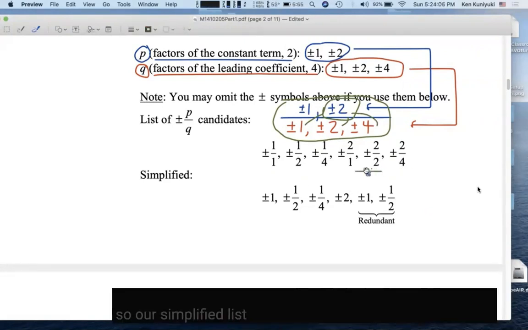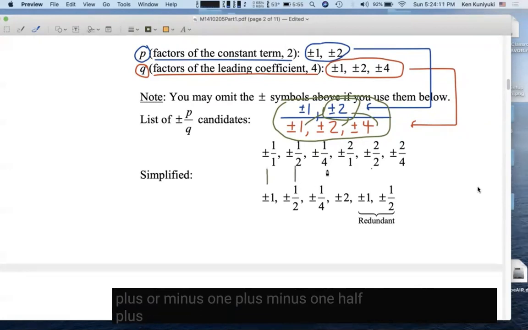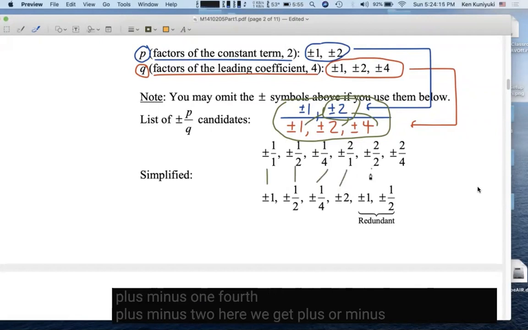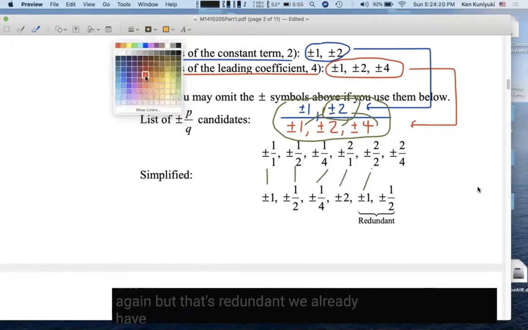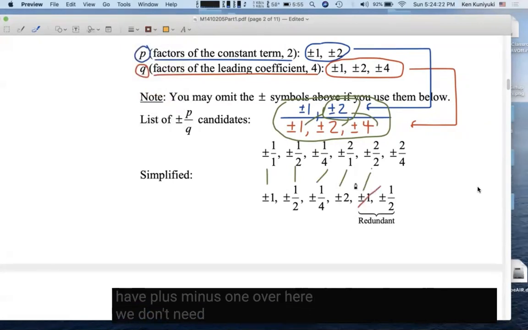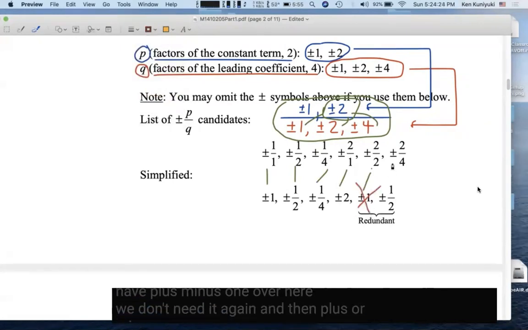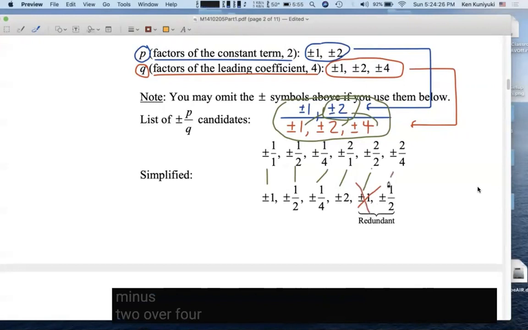And then we simplify these fractions. So our simplified list of candidates will be plus or minus 1, plus or minus 1/2, plus or minus 1/4, plus or minus 2. Here we get plus or minus 1 again, but that's redundant. We already have plus or minus 1 over here. We don't need it again. And then plus or minus 2 over 4. Again, that's plus or minus 1/2, which is redundant.